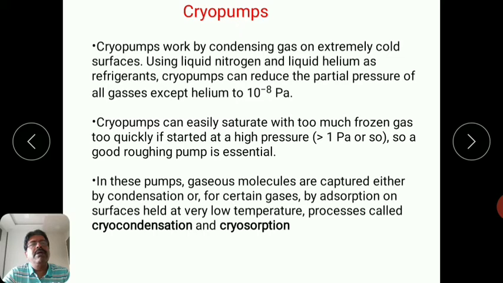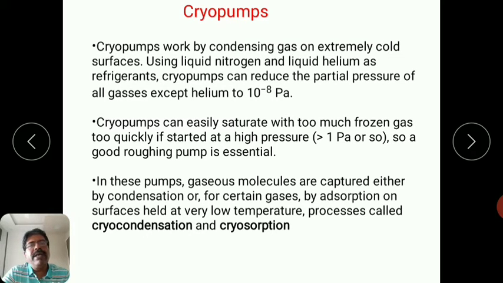You should use a suitable roughing pump. Initially you bring down the pressure to the order of 1 Pascal and then you can start your cryo pump. That will solve this difficulty of your cryo pump getting saturated. Getting saturated means what?